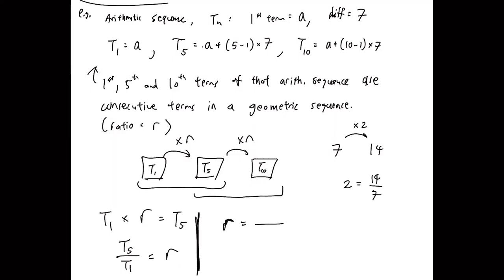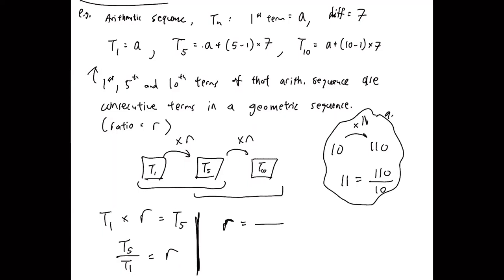No, this is just an example. Sorry, I pick more random numbers. Okay, 10, 11, this is 110. 11 equals 110 divided by 10. I'm just giving you an analogy. So R equals what? T10 over T5. Yes, correct.